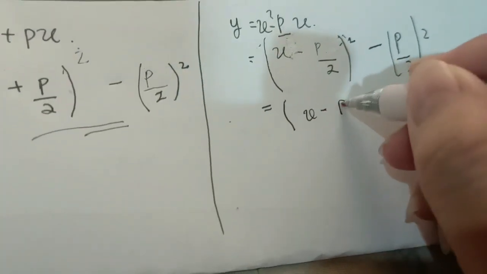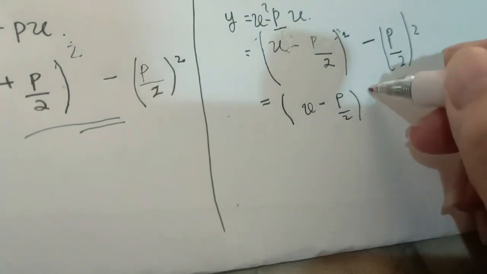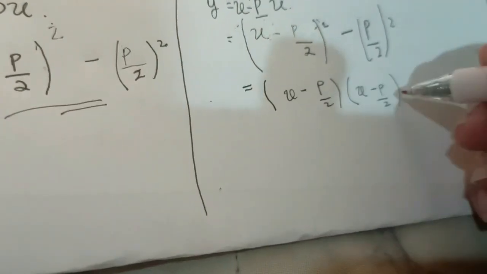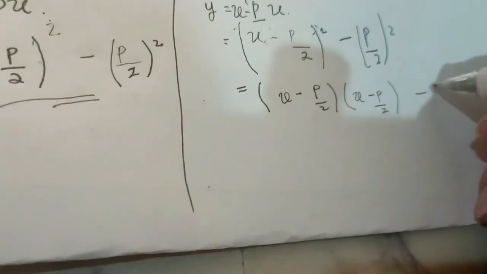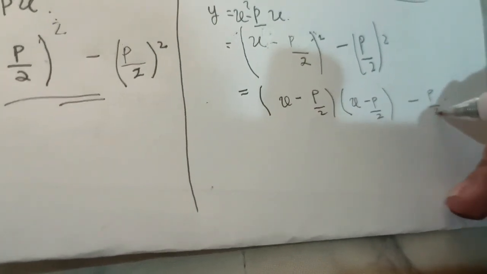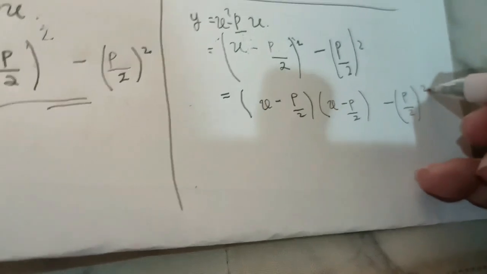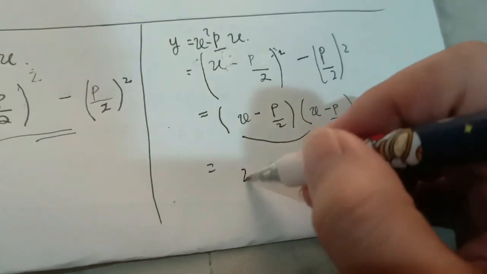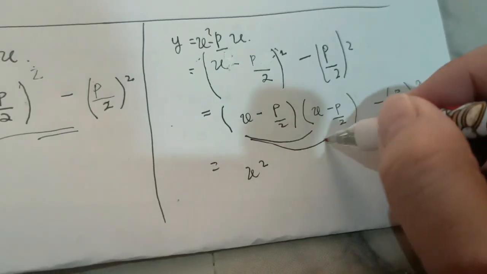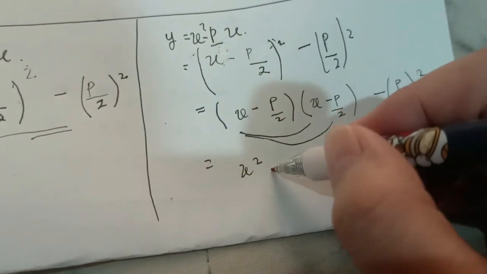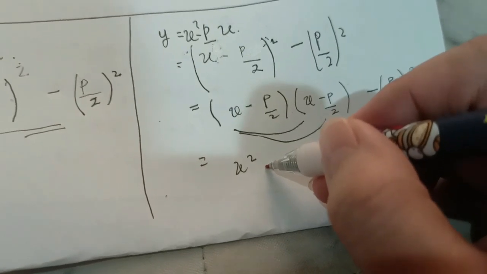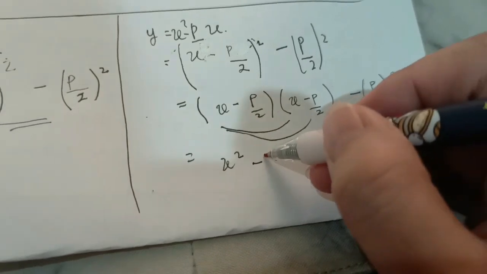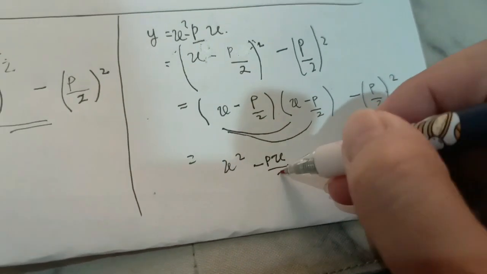x minus p per 2 multiply x minus p per 2 quadrat, right? Now minus p per 2 quadrat. Okay, x multiply x is x quadrat. x multiply minus p per 2 is minus px per 2.